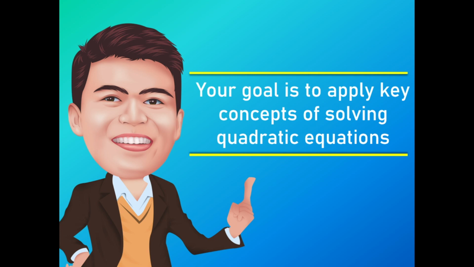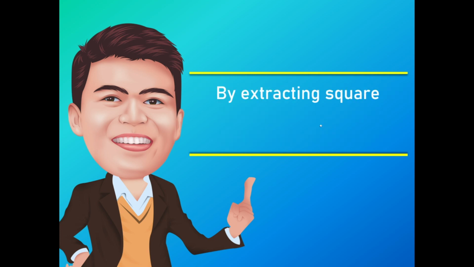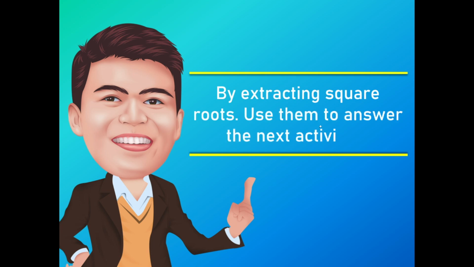Solving quadratic equation yung ginawa natin last example. Di ba? So, gumamit tayo ng mga key concepts ng square root. Okay. By extracting square roots, use them to answer the next activity. So, if you already know about them, then you will be ready for the next activities na nasa modules niyo. Okay, let's have an example.